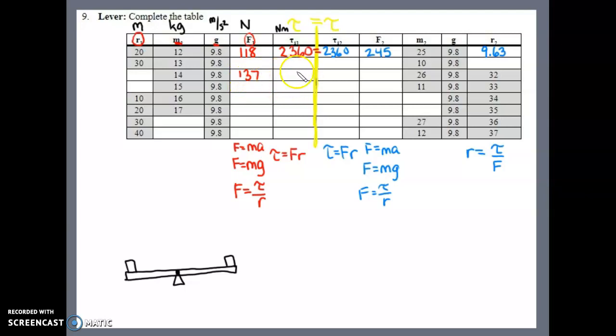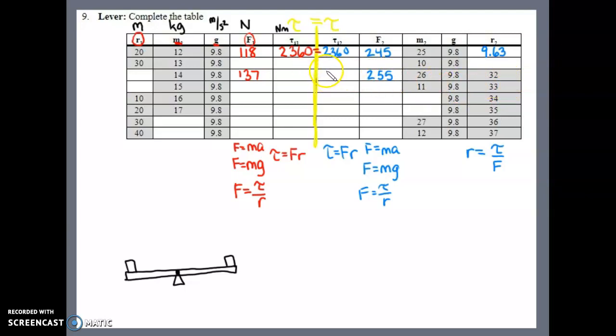But I can't find my torque because I don't know my radius. But if I flip over to this side, I can find my force. 26 times 9.8, so I get a force of 255 newtons. And here I can find the torque because I have 255 and I'm given my radius of 32.